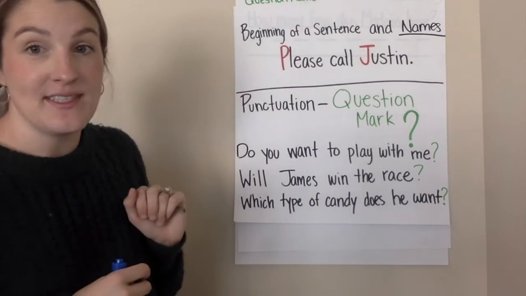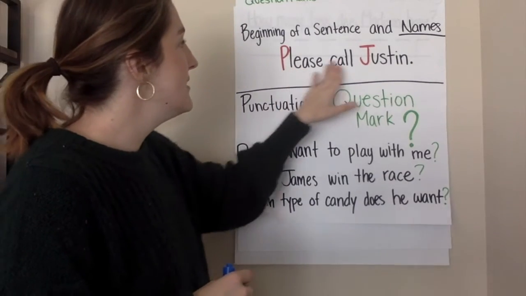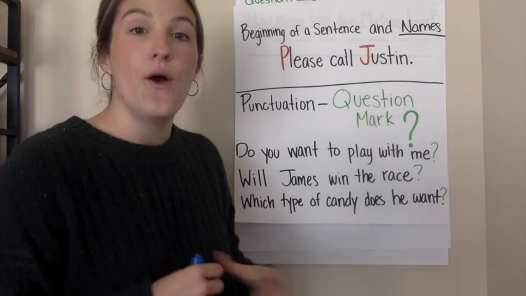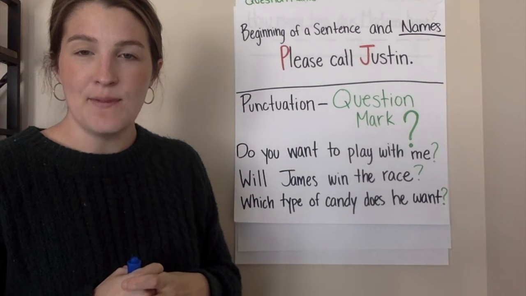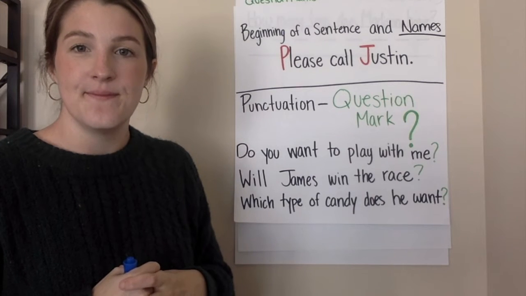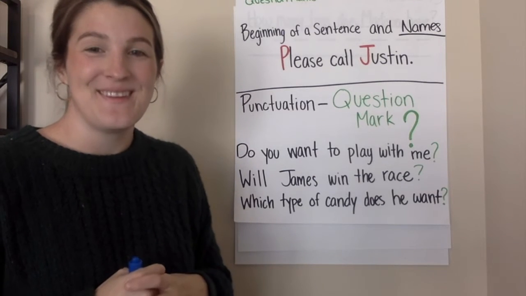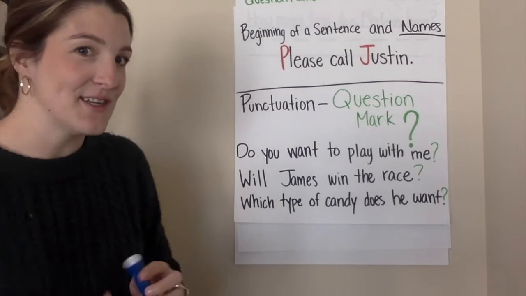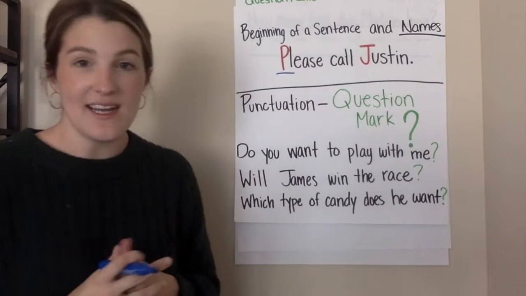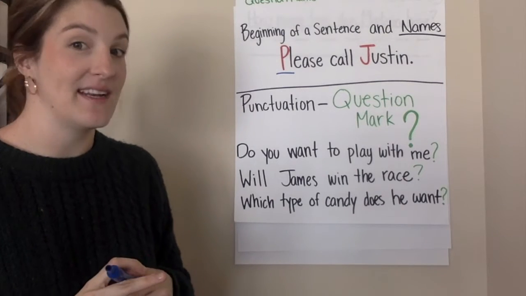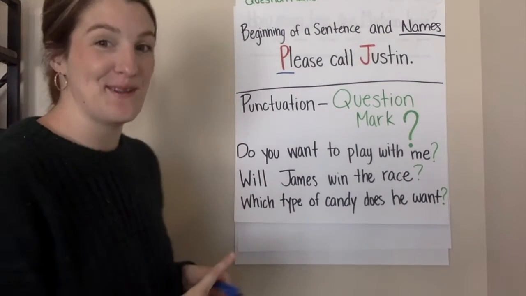So I'm going to show you an example sentence. Please call Justin. Which two letters did I capitalize, and why did I capitalize them? Okay, I'm going to give you the answer. So the first letter I capitalized is the P. If you said I capitalized the P because it's at the beginning of the sentence, give yourself a pat on the back.